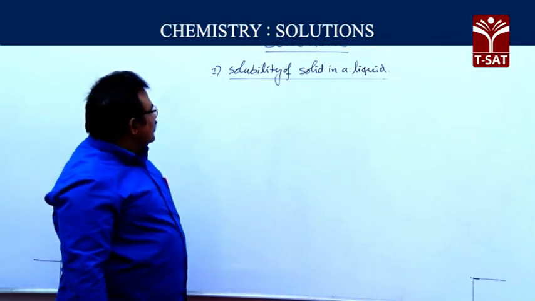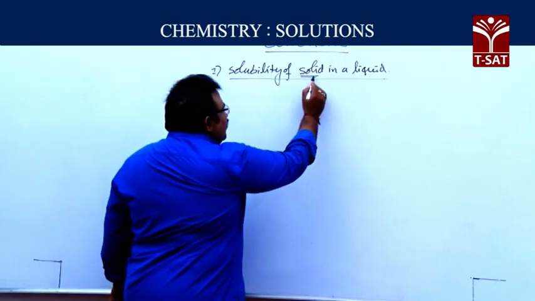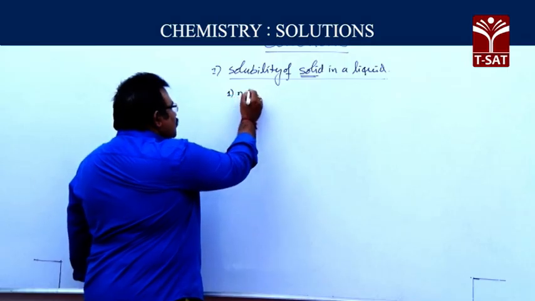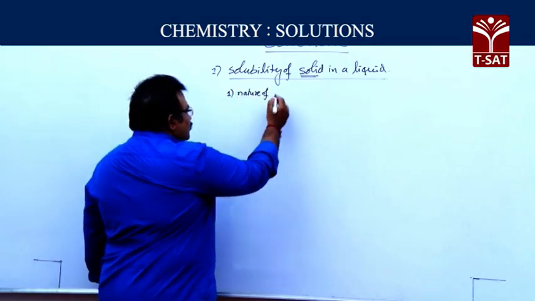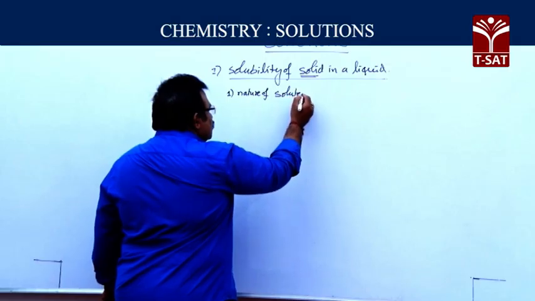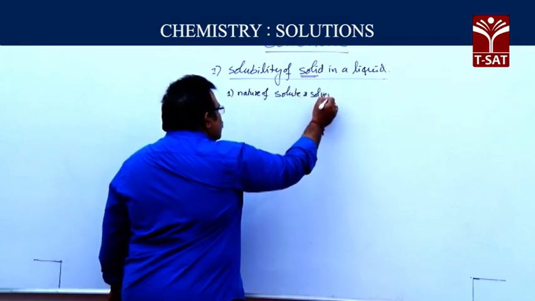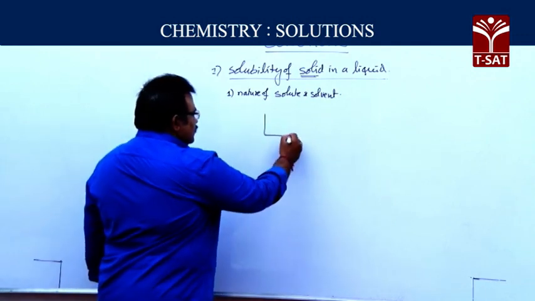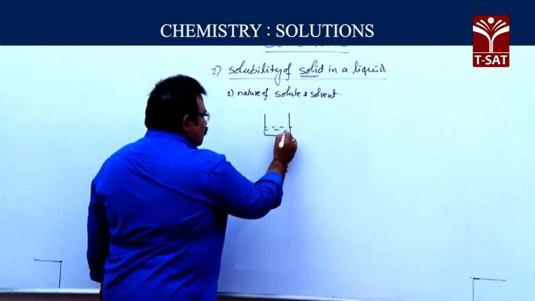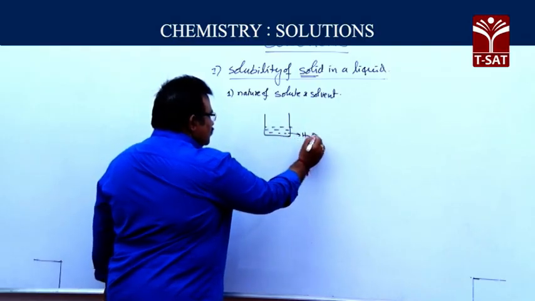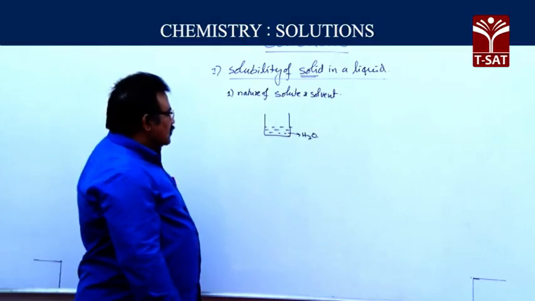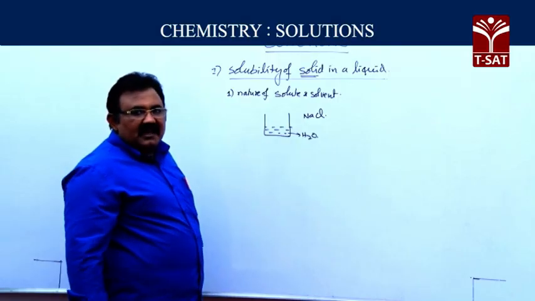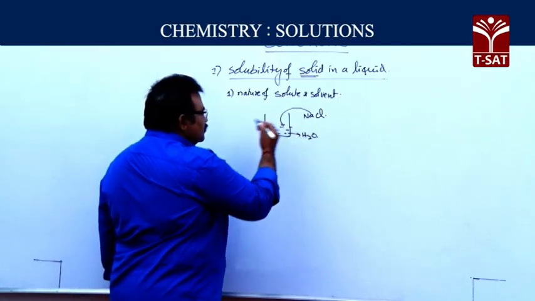The factors that affect the solubility of a solid in a liquid are, first, nature of solute and solvent. Suppose we take some water, which acts as solvent, and add some sodium chloride into this solvent.